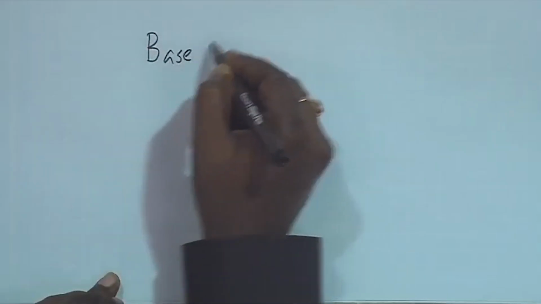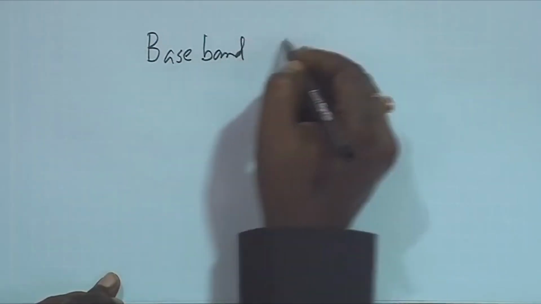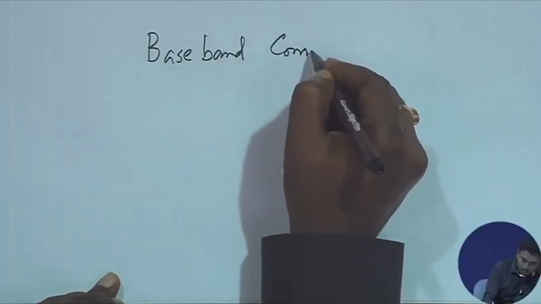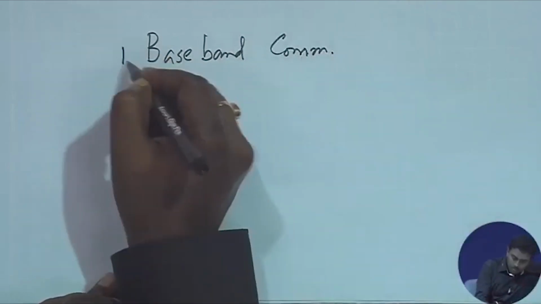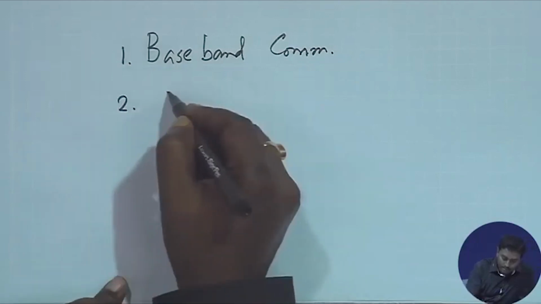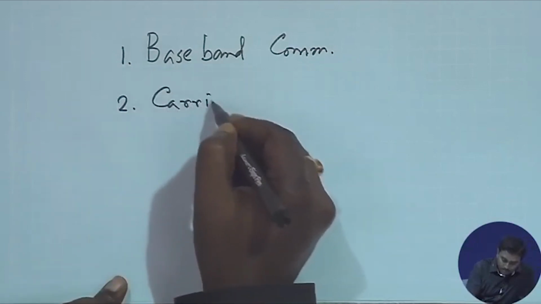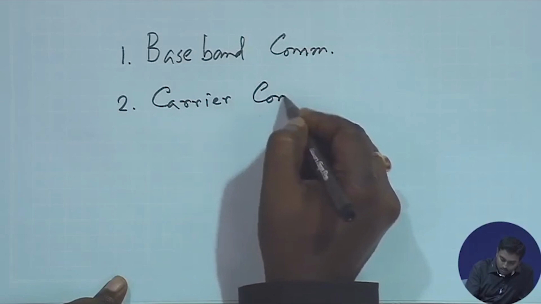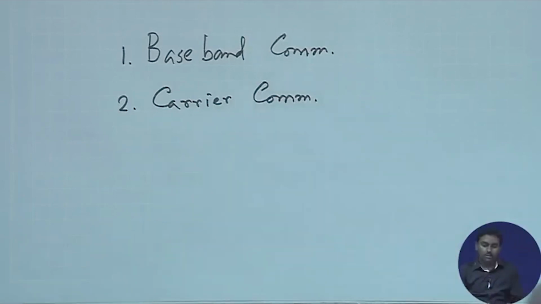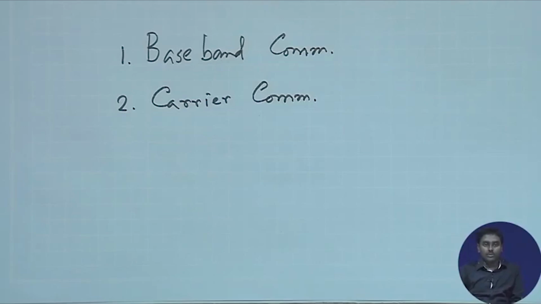Okay. If we just start seeing communication, there are in a way two types of communication. One is called baseband communication, and the second is carrier communication. So what do we mean by these two?